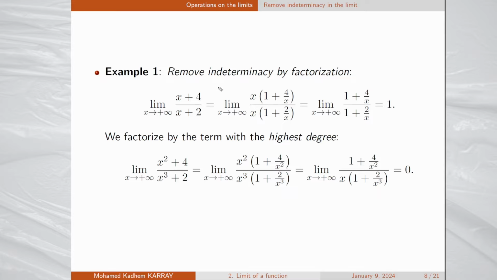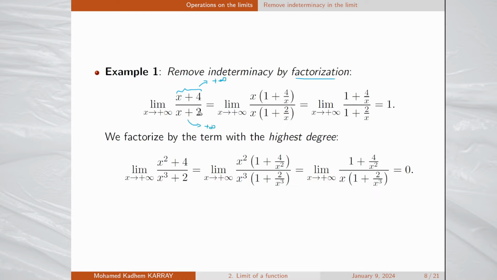The first method is by factorization. So imagine that we have to calculate the limit when x goes to infinity of this ratio here. You see that the numerator tends to plus infinity, but also the denominator tends to plus infinity.